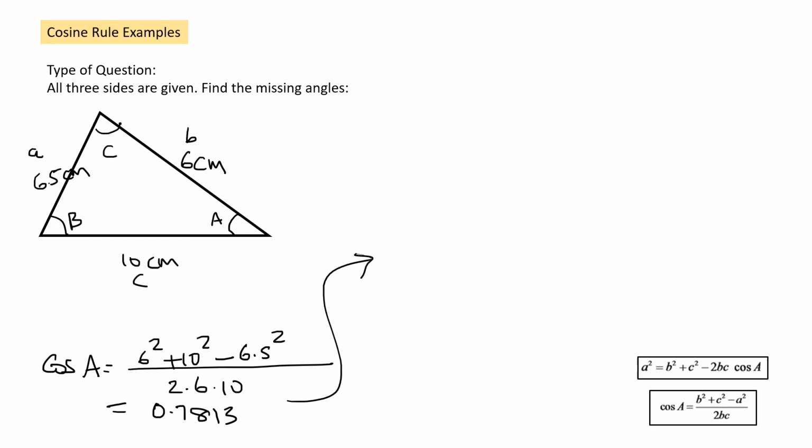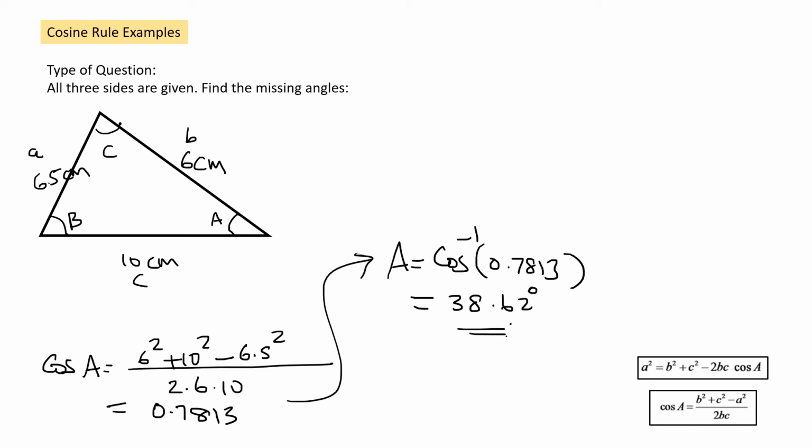So in order to find A, it is nothing but cos inverse 0.7813, which is equal to 38.62 degrees.